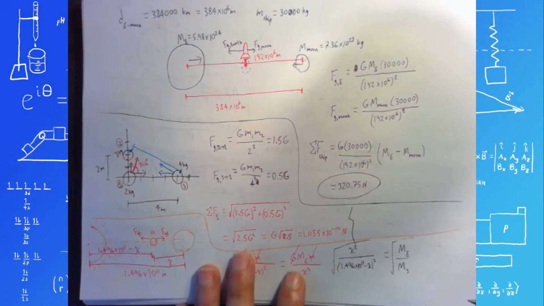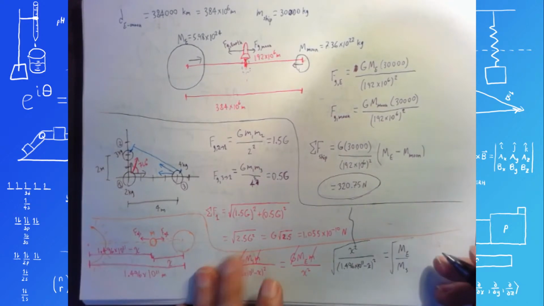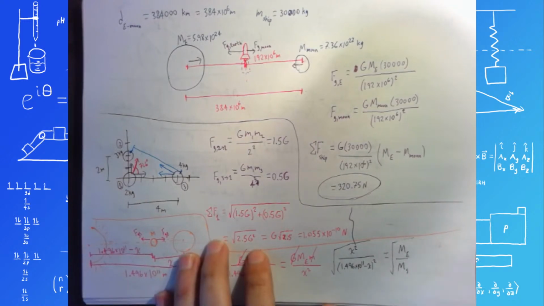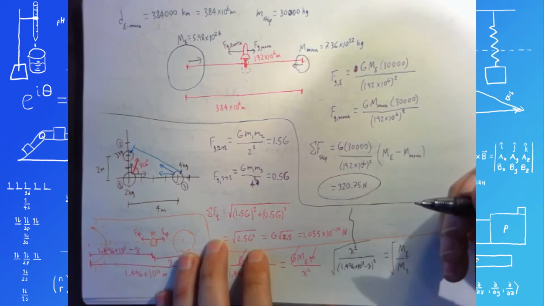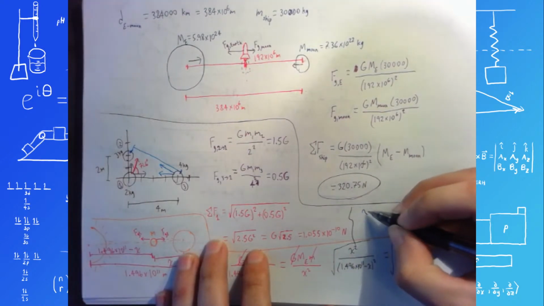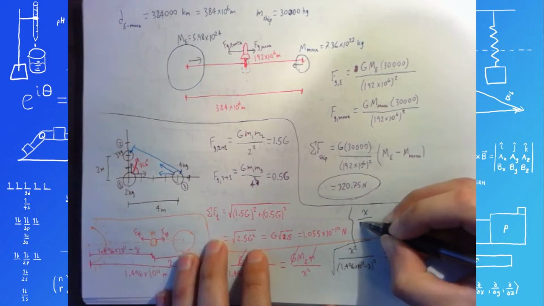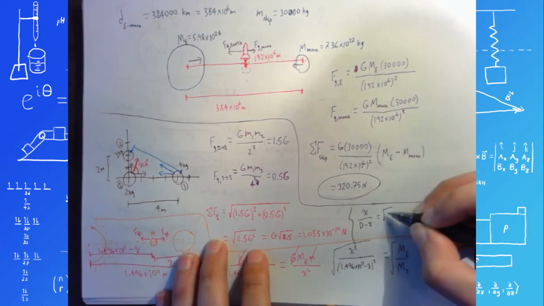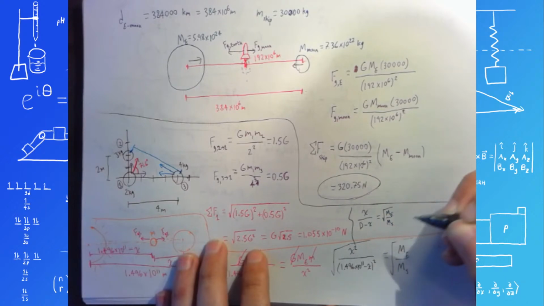So instead of writing this 1.496 times 10 to the 11 every time, I'm just going to call it capital D for distance, big distance. So we're going to have x over d minus x equals square root mass Earth over mass Sun.